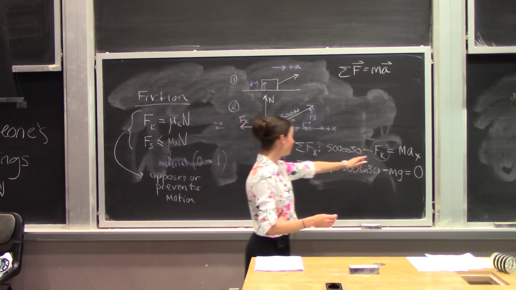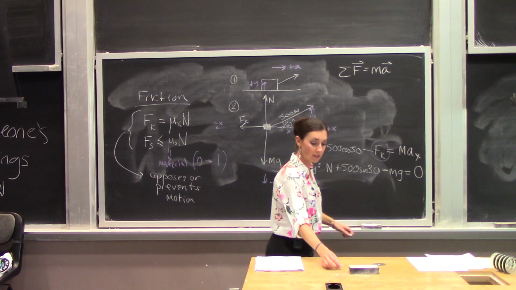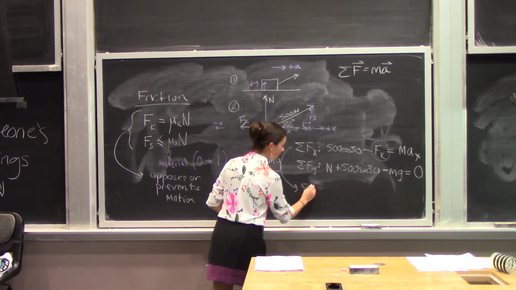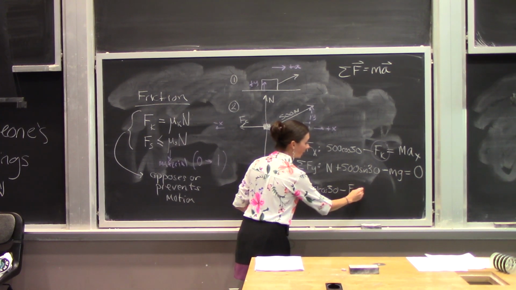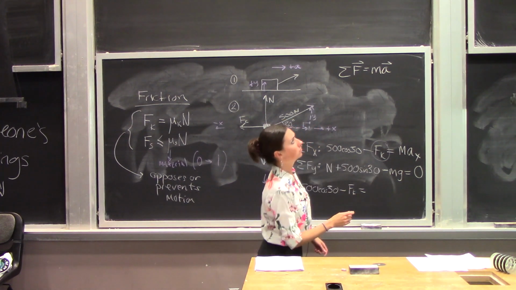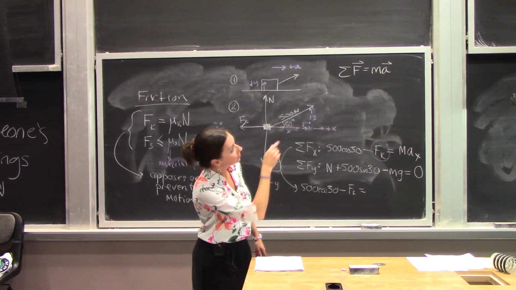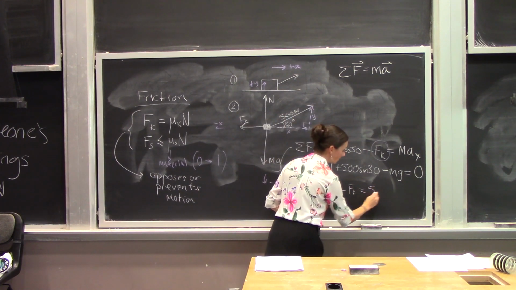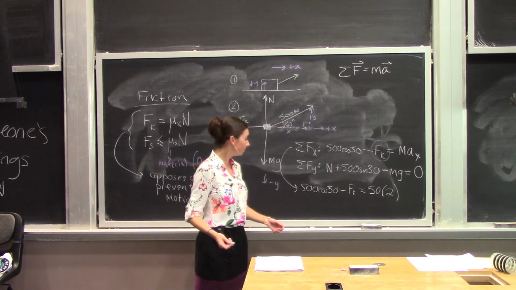We know mass. The acceleration is given to us as 2. Okay, so you can go ahead and solve. So this will be 500 cosine 30 minus Fk equals, what was the mass? 50. Yes, so make sure you don't get confused with the mass versus weight. So we'd have 50 times 2, or 100.